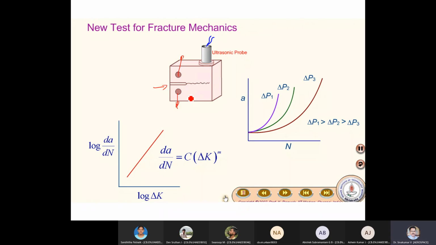So this is A, meaning crack length, and N means number of cycles. So crack length A is this, and this is the number of cycles. Now I am applying this load, no? 1, 2, 3, it goes like this. N is the load, number of cycles.